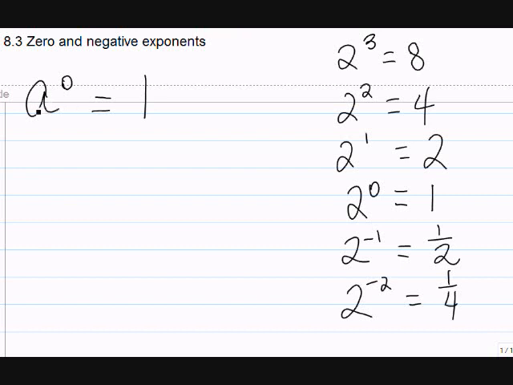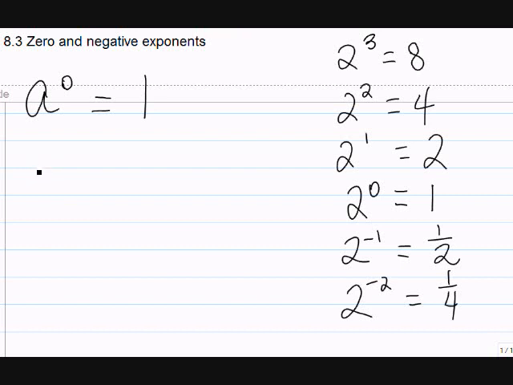So that's where I get that any number to the 0th power is 1. You don't just have to do 2 to some powers. You could do any number to some powers, and you'll get the same kind of pattern. Okay. And then let's look at negative powers, what they mean.